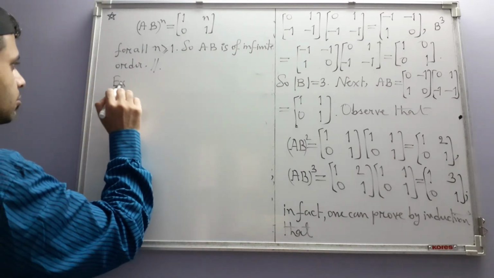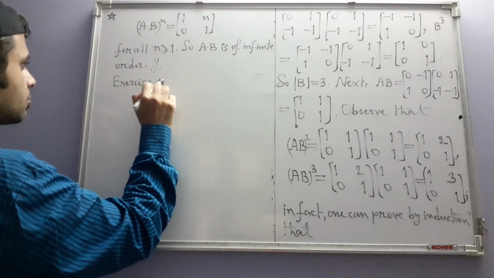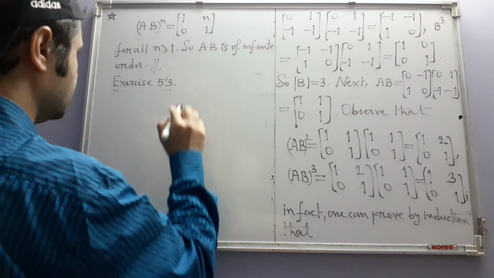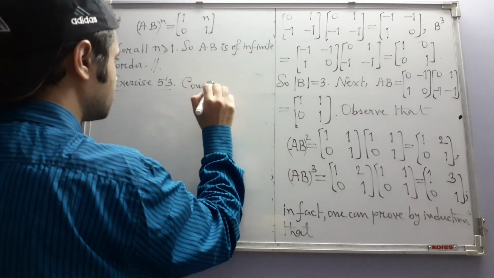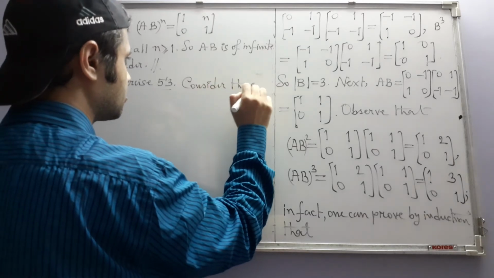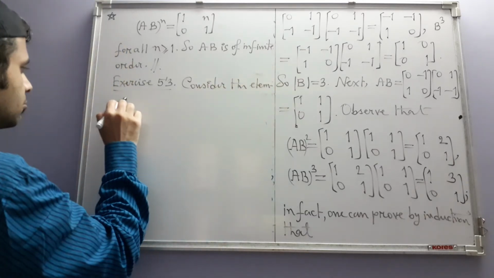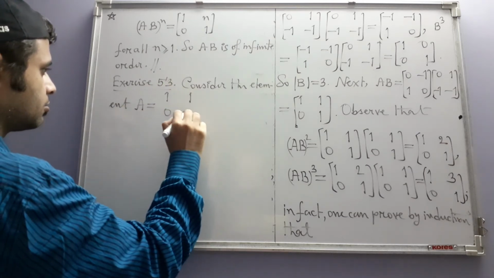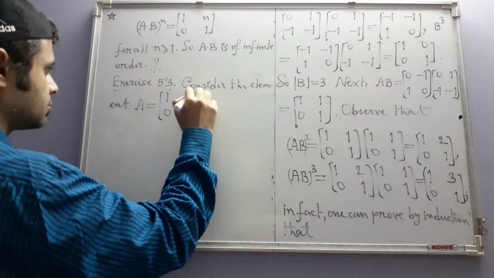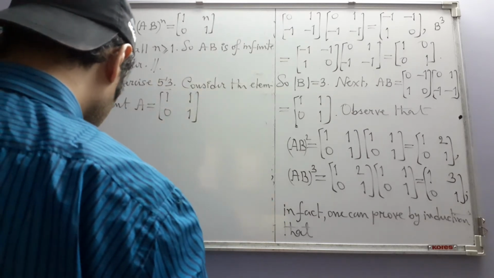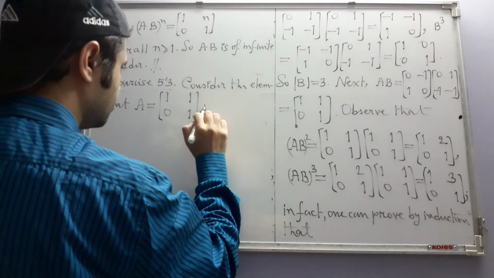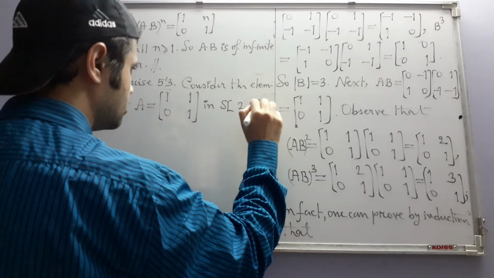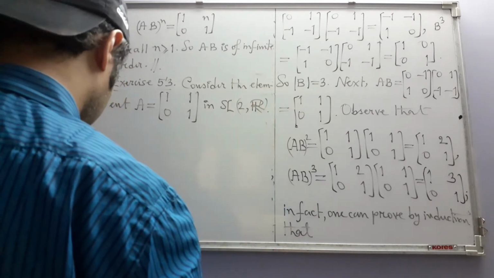Then exercise 53. Consider the element A equal to that matrix AB from here in this special linear group.